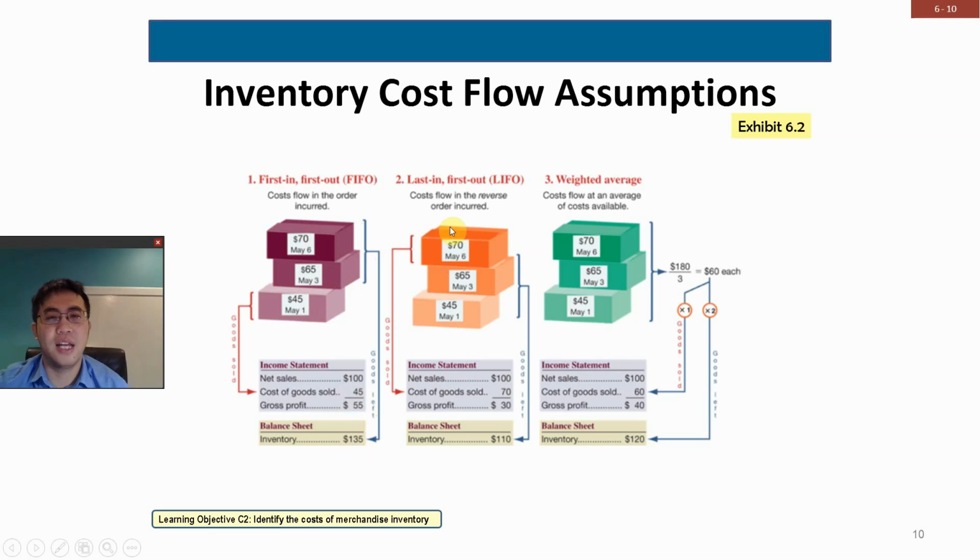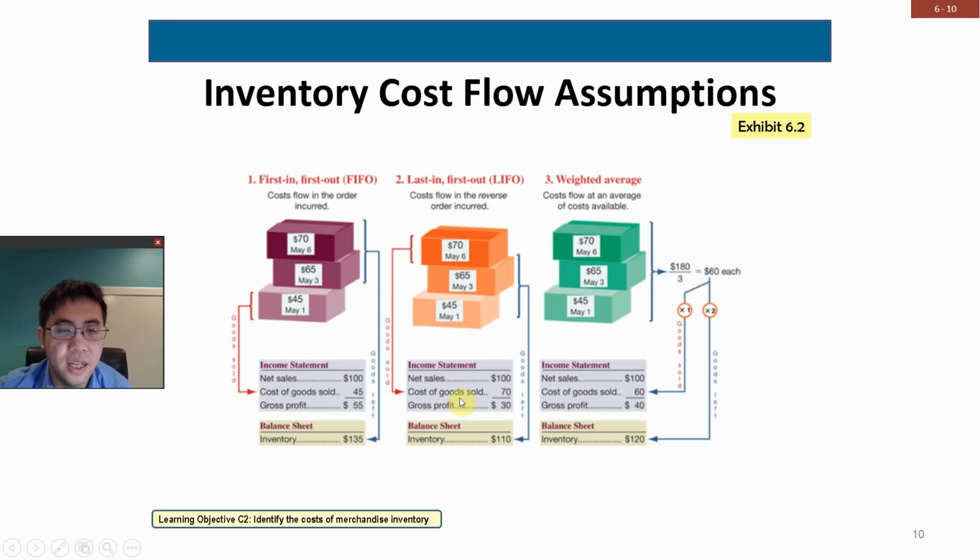The next method is last in, first out. So again, you put 1 block, 2 blocks, 3 blocks in 3 consecutive days. And then based on this method, last in, first out, you sell first the last merchandise. So that is $70 at its worth.